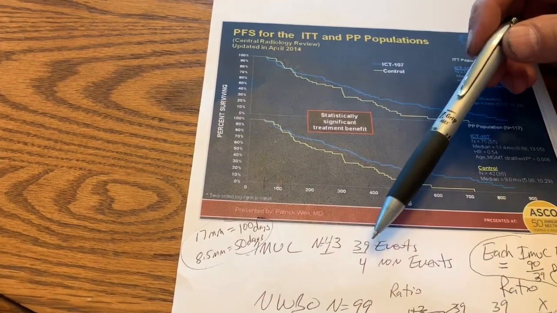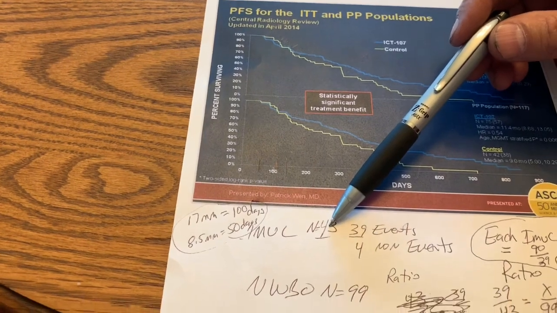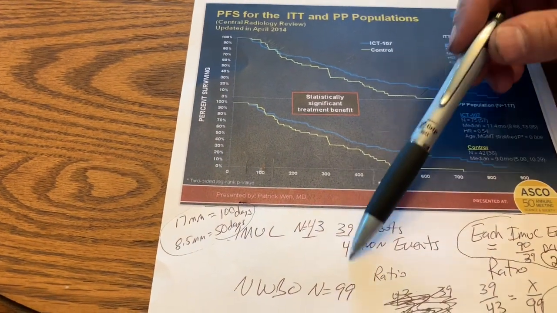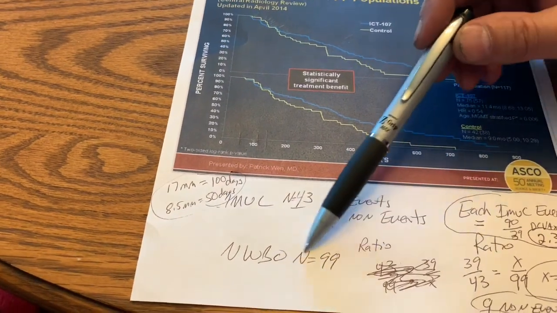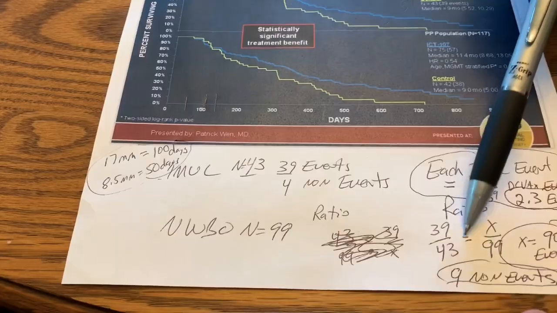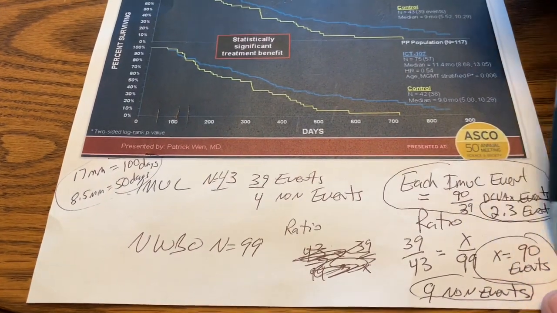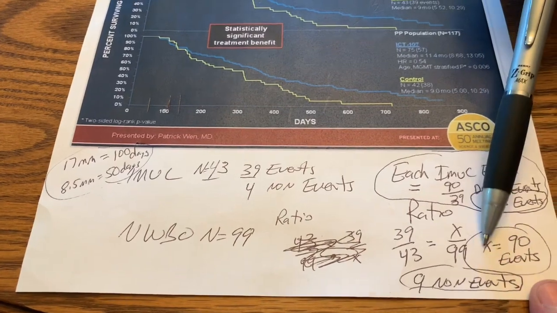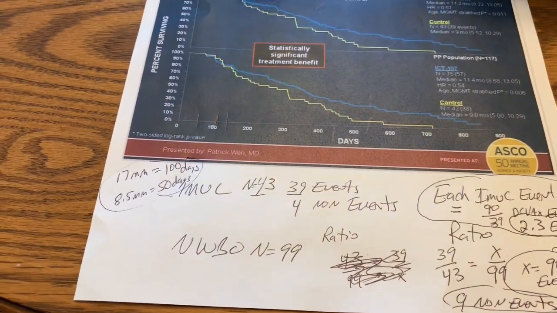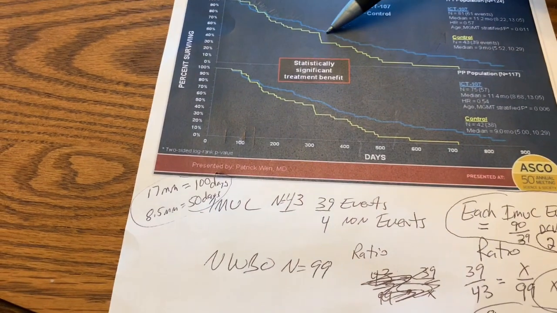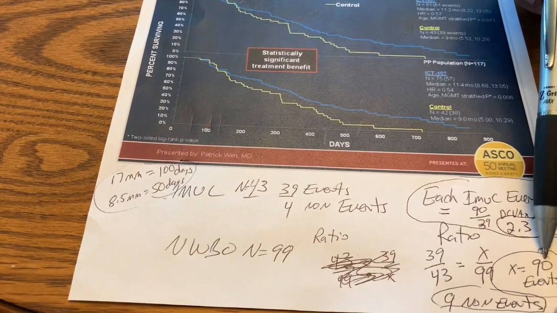So we have to do some basic math. There were 39 events out of 43 cases in the IMUC, and using the current DCVax N of 99 in the control, 39 over 43 equals X over 99, so X equals 90 events in the DCVax. If the DCVax control population goes exactly the same as the IMUC control group, we would expect 90 events.